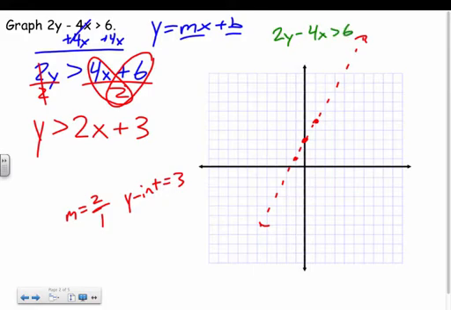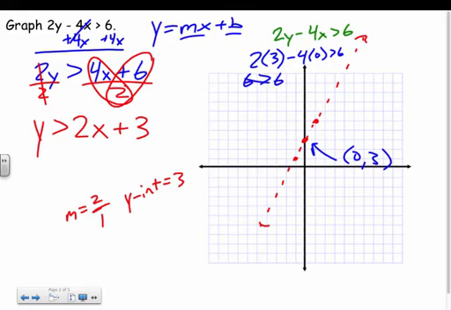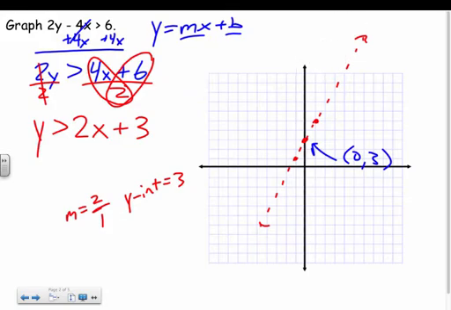If I picked the one point I know is on the line, for example 0, 3, and plugged it into my equation, it would not work. So 2 times 3 is 6, minus 0. Is 6 greater than 6? No, it is not. So I cannot have a solid line. It has to be dashed because of the greater than. There's no equal to. That's why it's dashed. You don't actually have to do that, but I was just explaining why it's dashed. So just know, no equal to means it's dashed.